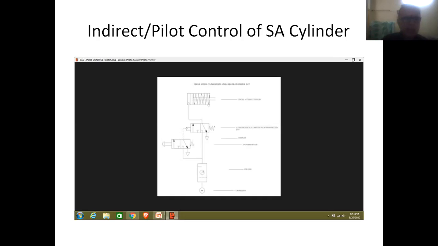And friends, here this exhaust port is placed in this particular region. Therefore, the push button must be placed in the right hand side portion, and the return spring must be placed in the left hand side portion.